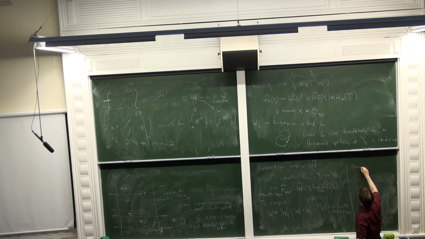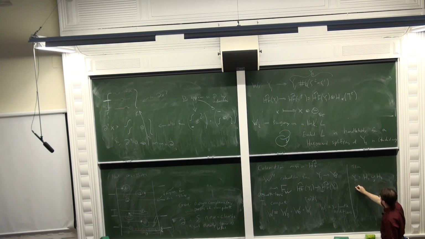Then the map for W2 is a map from CFD, so we've got Y2 is H1 union along the boundary H2. L sits inside H2. And so CF hat of Y2 is the morphisms from CFD hat of H1 to CFD hat of H2.